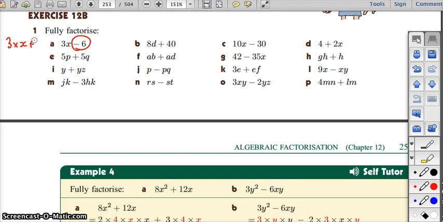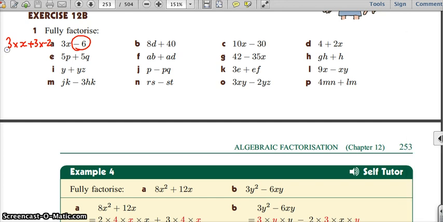Or 3 times -2. Same deal, isn't it? And what you're saying there then, hopefully, is I can see that these are exactly the same. I'm going to put them out the front, and whatever is left, I'm going to put in my brackets, which is x take 2.